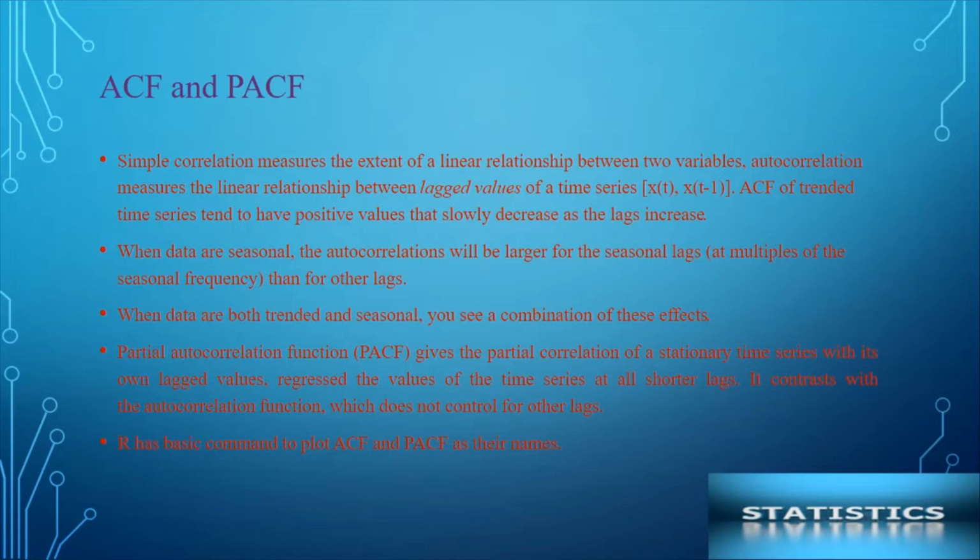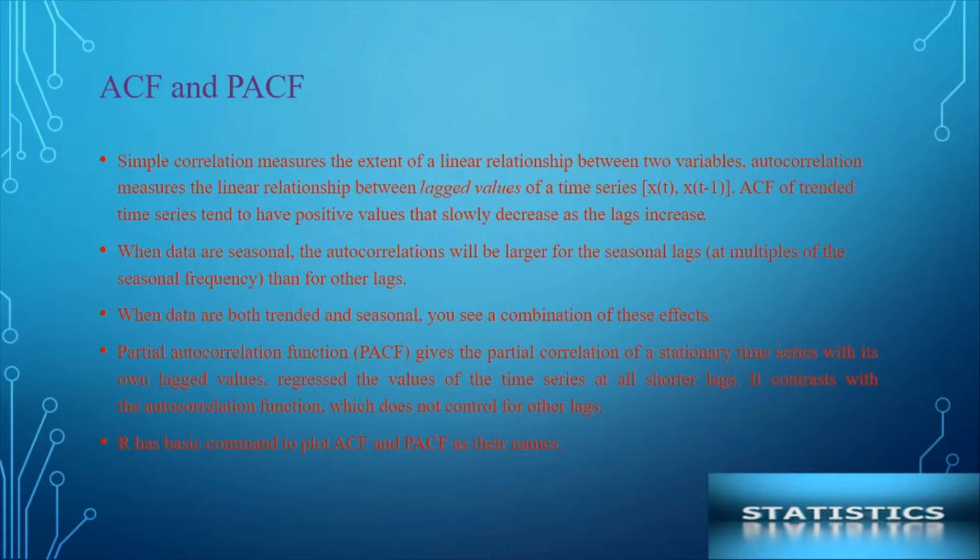Then the correlation between x of t and x of t minus 1 is the autocorrelation, and the difference between the observation numbers is the lag value. For example, if we take the covariance between the 10th observation and the 9th observation, then 10 minus 9 is equal to 1, so it is a lag of 1, and so on.